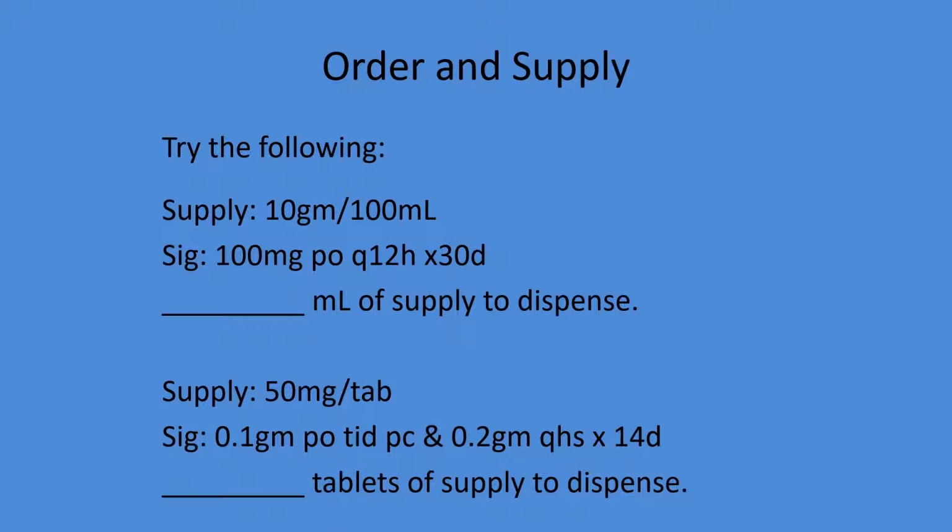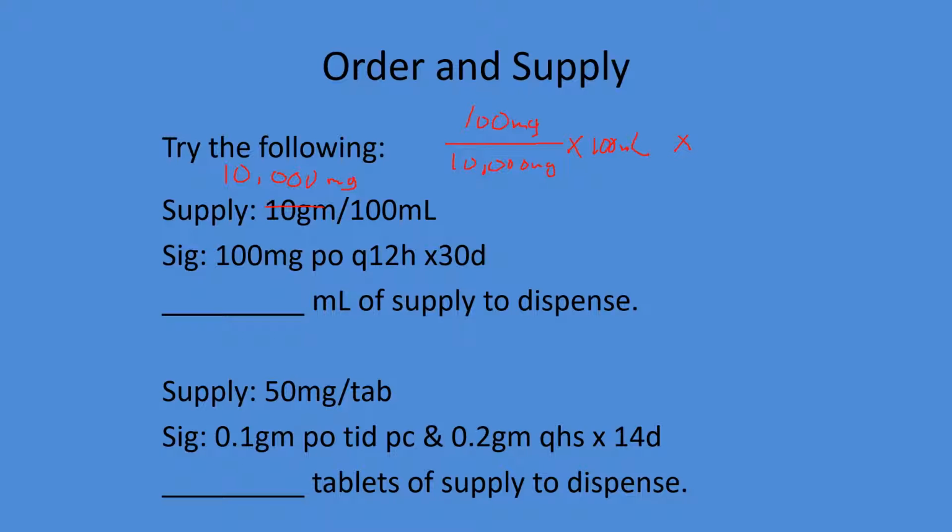All right, let's give this first one a try, and then we'll go on to the hybrid. So this one, let's see, milligrams. Let's change this guy to milligrams, right? So order is 100. Supply is 10,000 per 100 mLs, right?